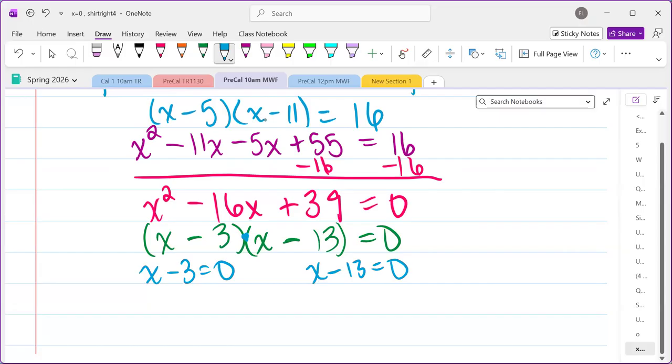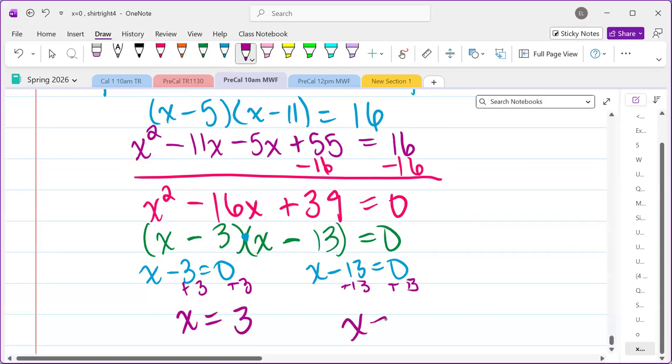It could be 4 and 4. It could be 32 and a half. It could be negative numbers. Like, there's way too many ways I can multiply stuff and get 16. But multiplying stuff to equal 0, one of those two pieces has to be 0. I don't know which piece, so I set them both equal to 0, and I solve. Add 3, add 13. So I have two potential solutions.